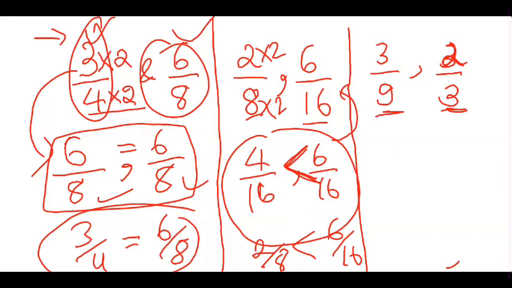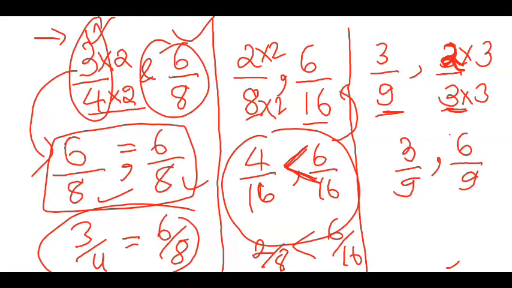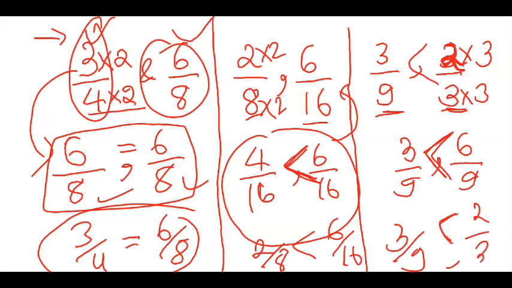So then we do 3 times 3, and then 3 times 2 is 6, and then 6 over 9, and then write down 3 over 9, and then 6 over 9 is greater than 3 over 9. Excellent. So this means 3 over 9 is lesser than 2 over 3. So 2 over 3 is greater than 3 over 9. This is how you write it down, right, beta?